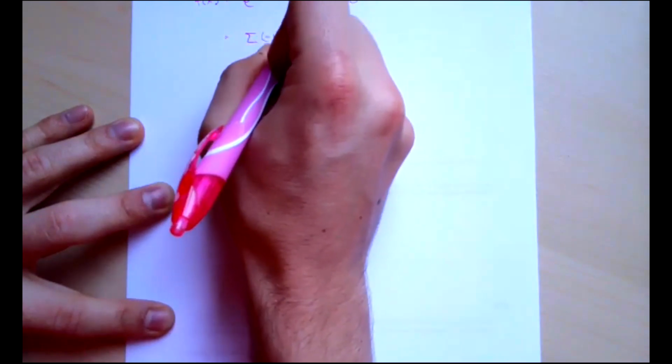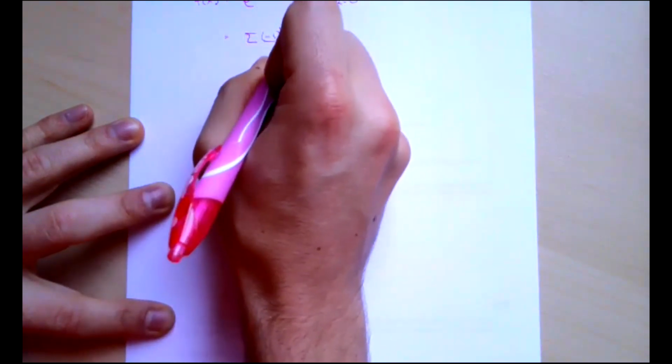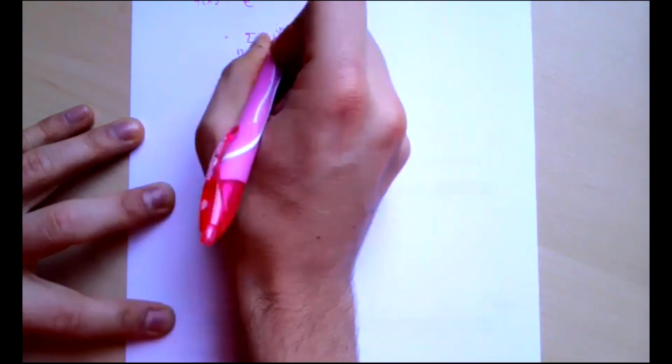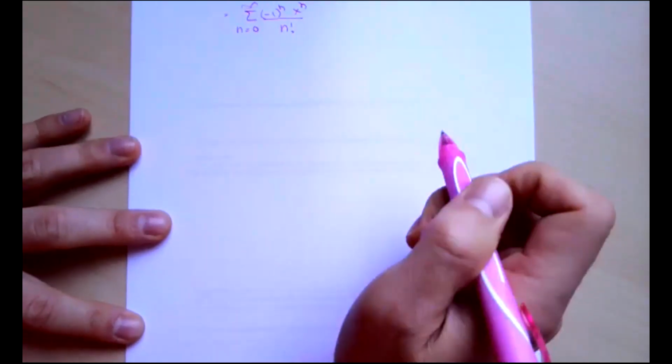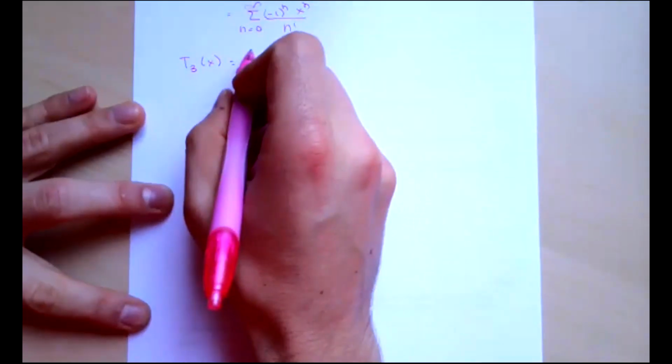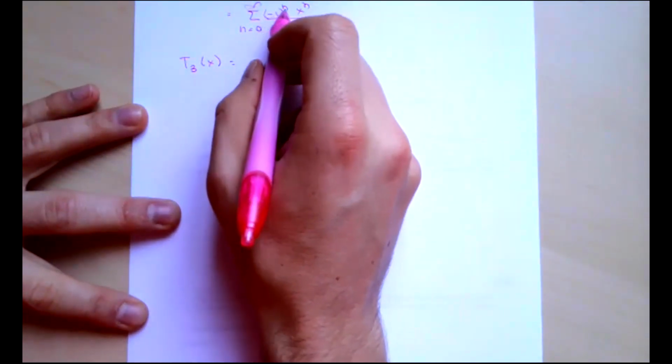So nicely enough, since we know e to the x, we can find the polynomial very easily. It's centered at 0 though, yeah? Yes, it says it's centered at 0, and that we used 1 for x when we did our error bound. So for the third degree Taylor polynomial, we just plug in our n from 0 up to 3.